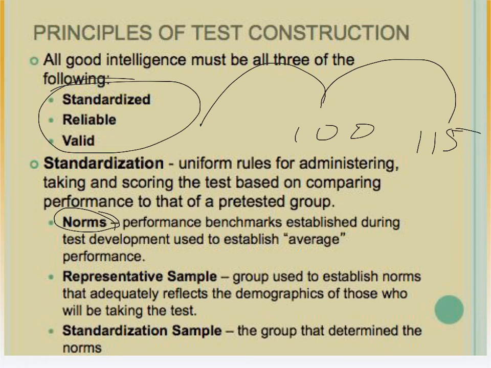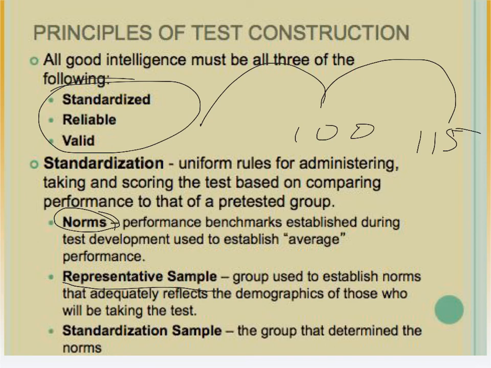We want a representative sample. The group that is used to establish norms should reflect the demographics of those who will eventually be taking the test. That's why current college freshmen who are taking Psych 101 at universities across this country are a perfect representative sample, because they're taking the exact same course you are. They're roughly the same age you are, a year older.